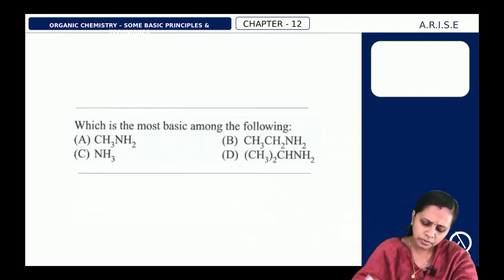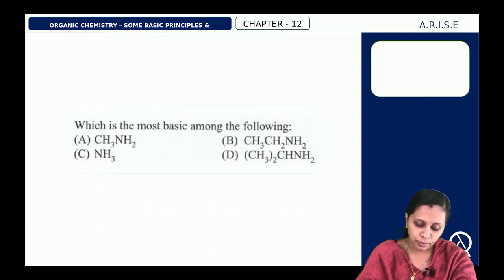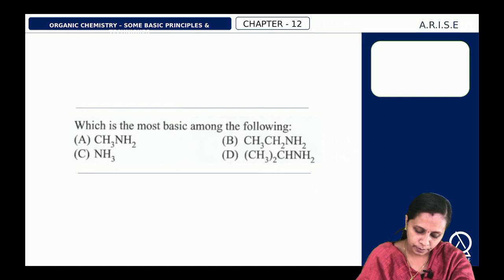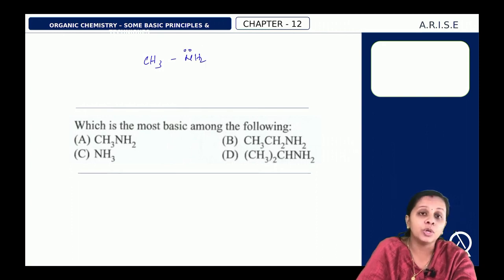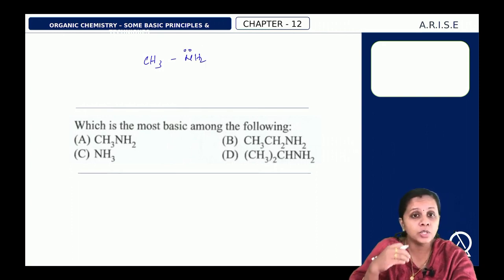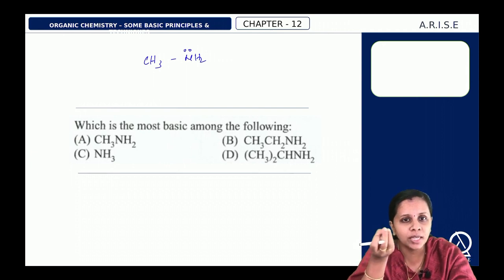So let us consider which is the most basic among the following. CH3NH2. In nitrogen you have a lone pair. The one which has a greater tendency to donate that lone pair on nitrogen will be the strongest base.